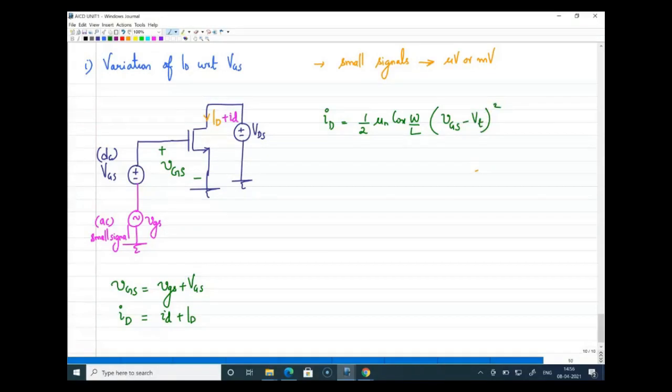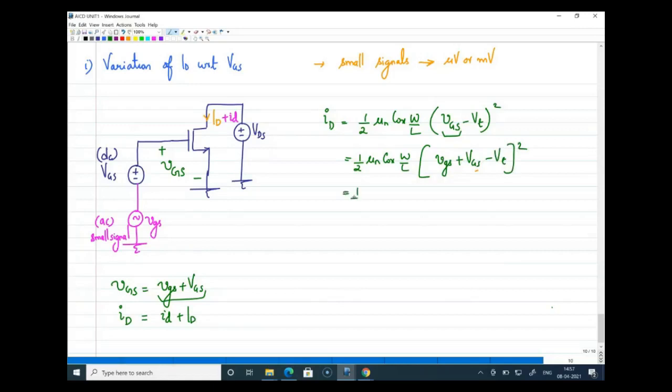Now what is this VGS? This VGS is a composite signal which I have marked as small vgs plus capital VGS. When I write this in detail, I can write it as half mu n Cox W by L in brackets, where this composite signal will be replaced as this, and this can be further analyzed.